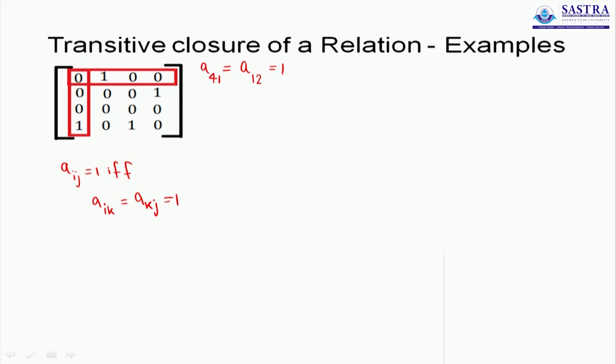You cannot compare A24 here or A43 here. Your comparison should involve the index of the iteration which is 1. So A41 and A12 are 1s, and comparing them will lead us to a new result that A42 is also now a 1. A42 must become a 1 in the next iteration.